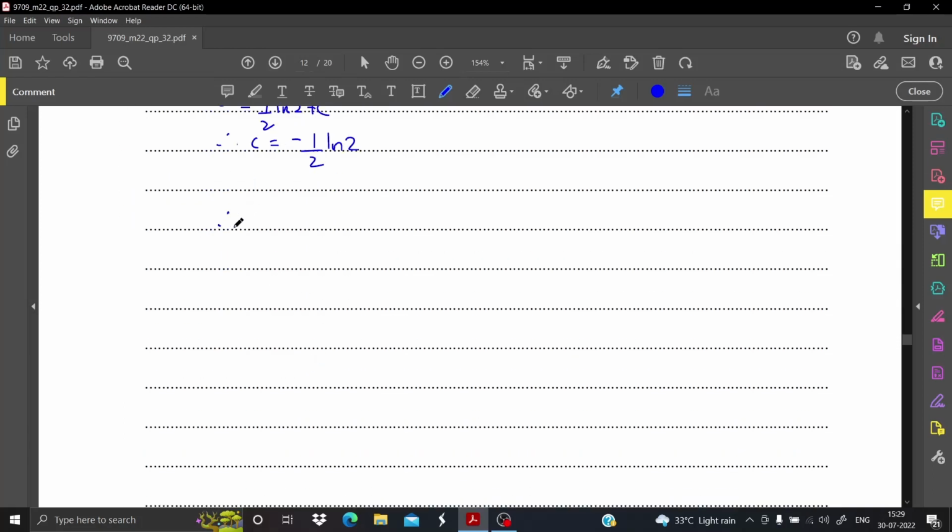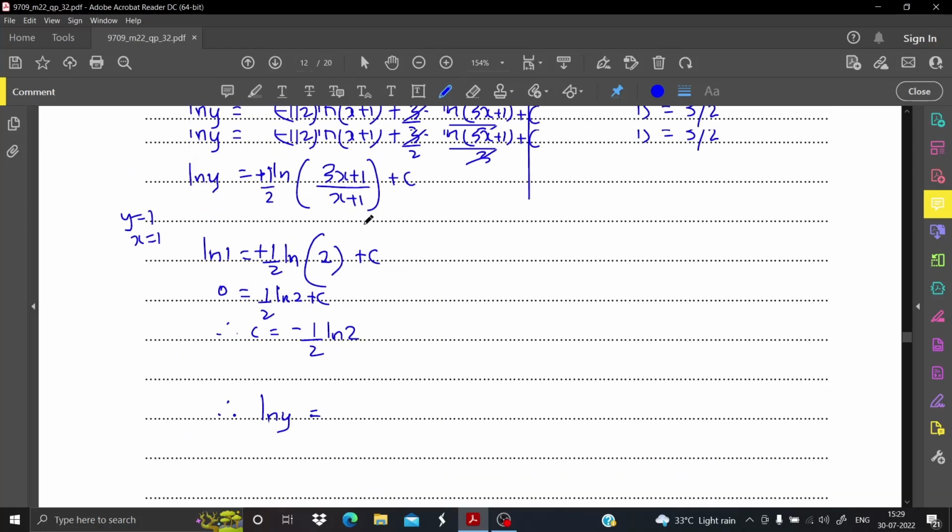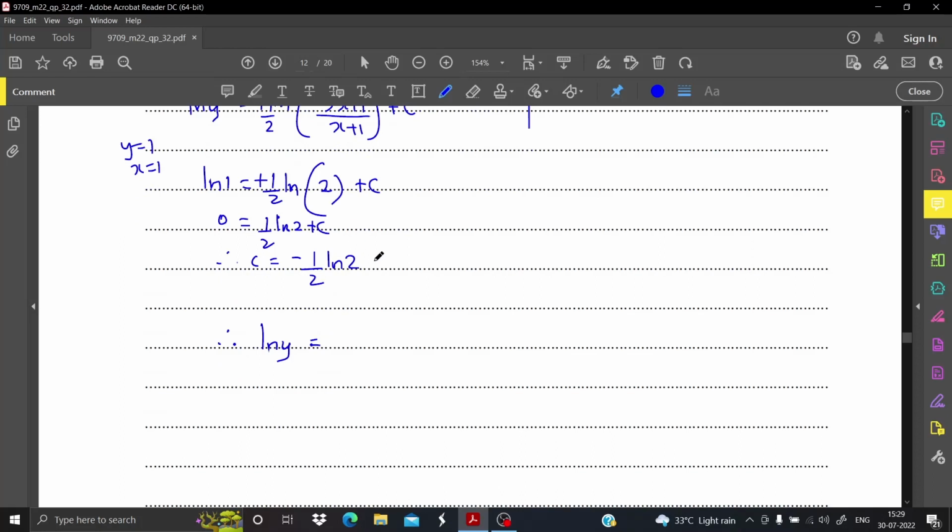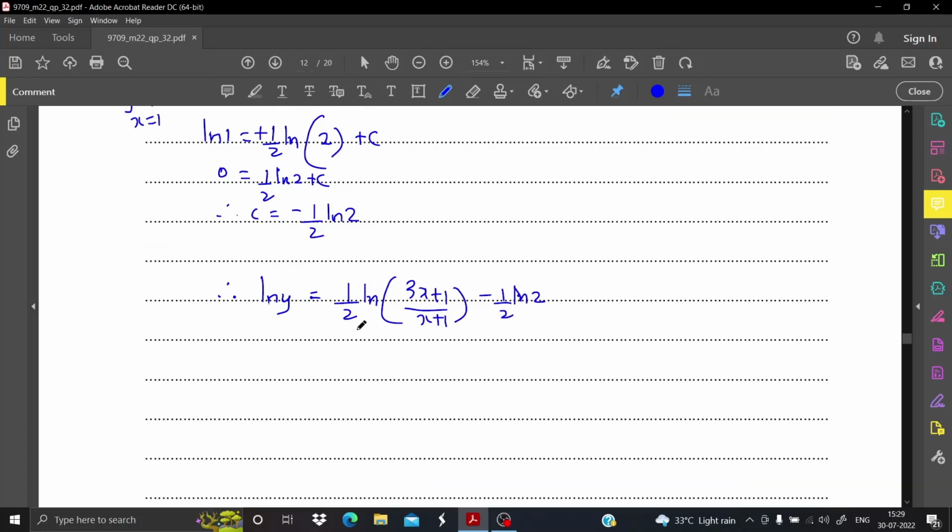Therefore, your final equation is log y equal to half log of 3x plus 1 by x plus 1, c is minus half log 2. Now you can even combine this. You can take out this half common here, and this is log a minus log b.